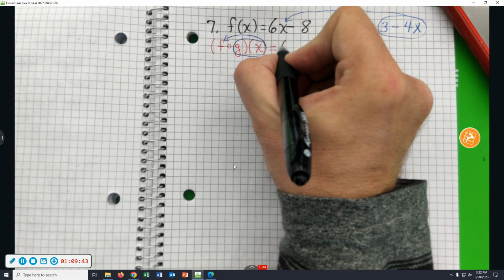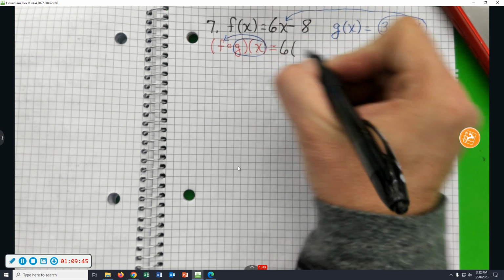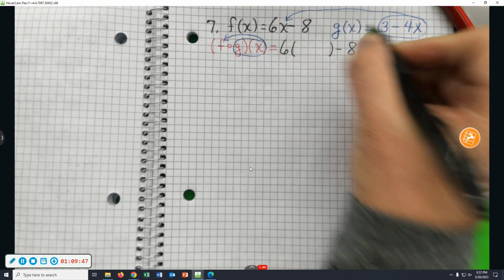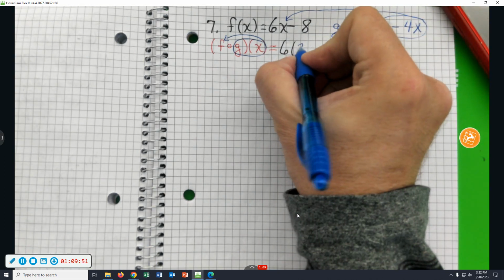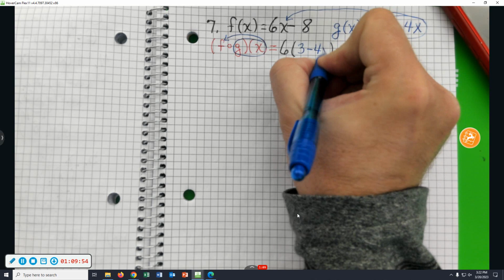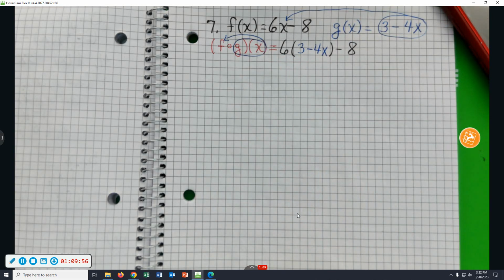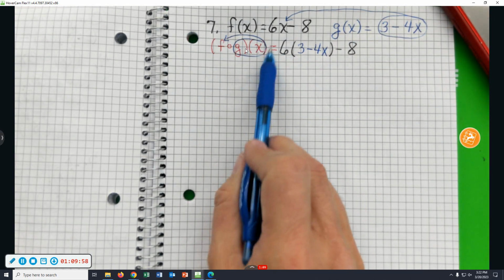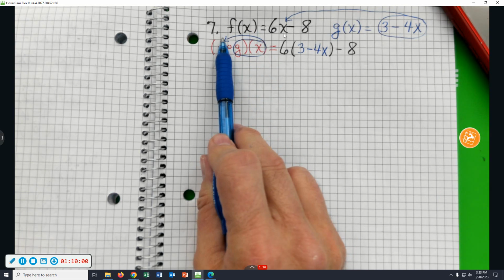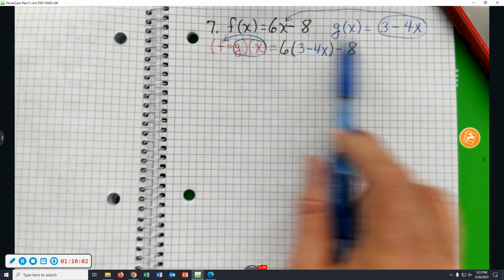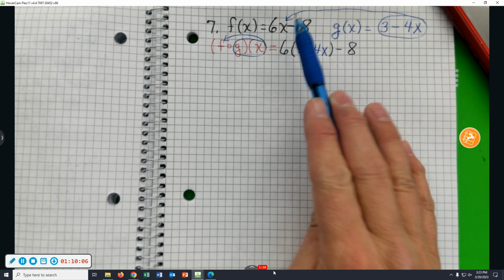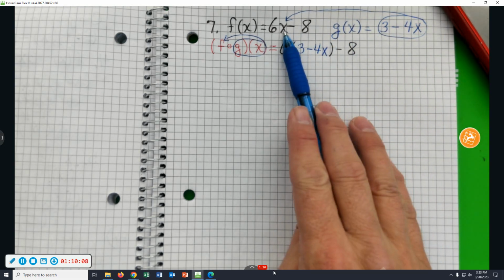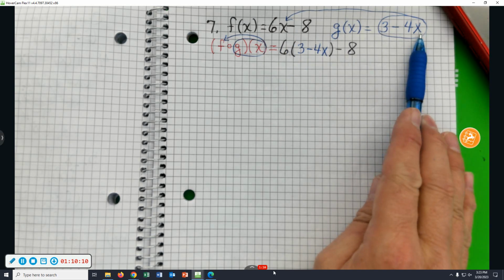So in place of that black x, I'm going to put the 3 minus 4x. Take this second function, plug it into f. Take 3 minus 4x, plug it into 6x minus 8. In place of this black x, I'm putting 3 minus 4x.